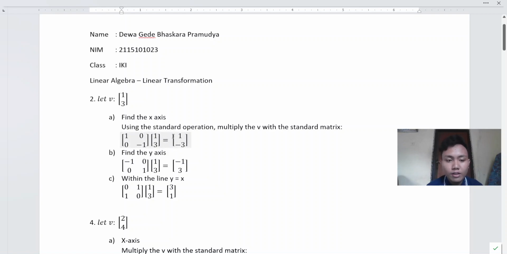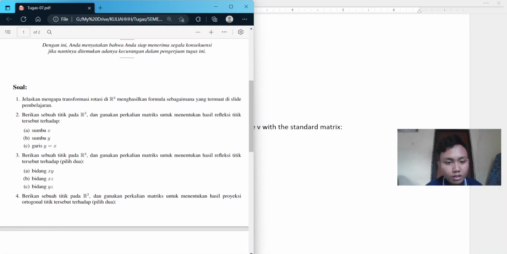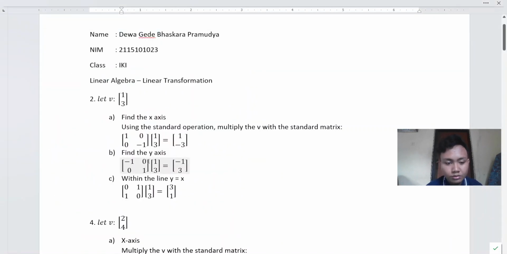So the reflection across the x-axis is (1, -3).